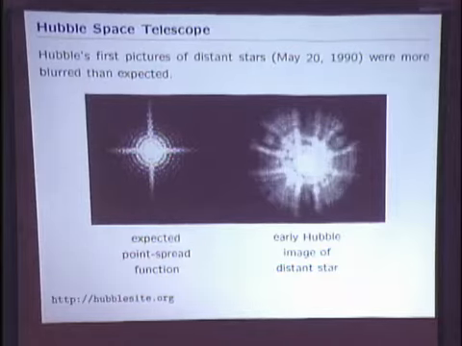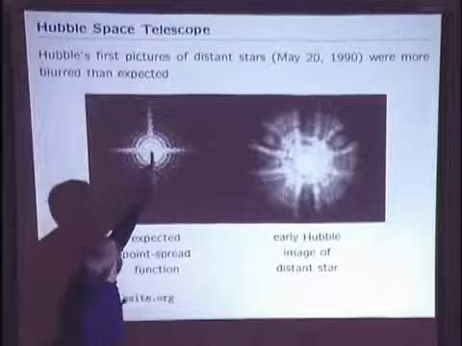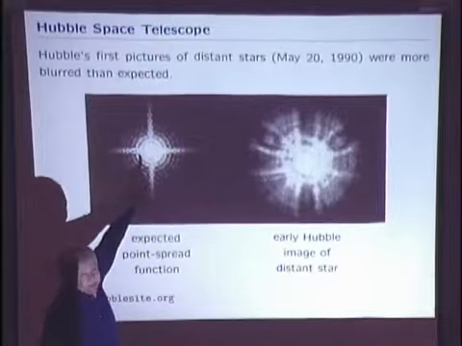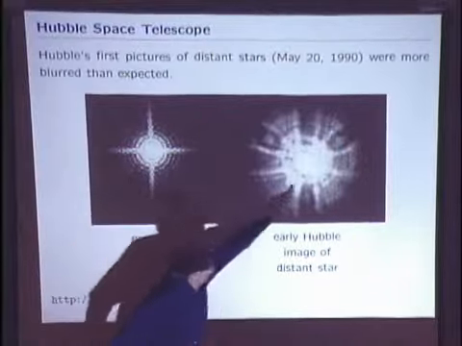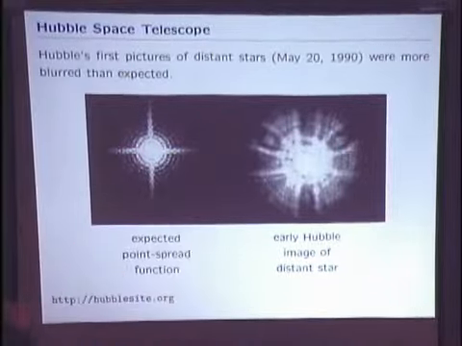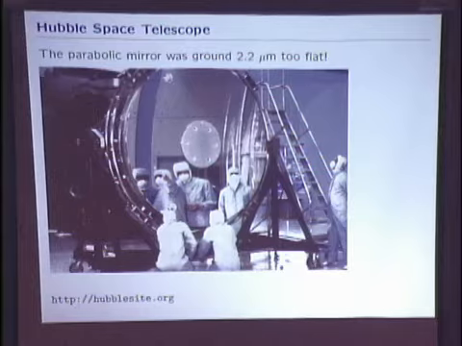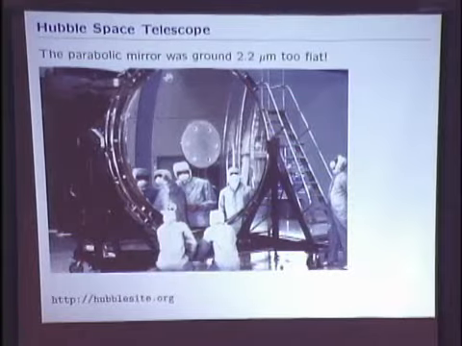So when they put this in space, they were expecting to see pictures like this. This is a picture of a distant star. They were expecting the distant star would look like this. This is what they actually measured. And the reason was that the feedback system that they used to grind the lens made a mistake by 2.2 microns. 2.2 microns would have been just barely resolvable on my microscope, but barely.